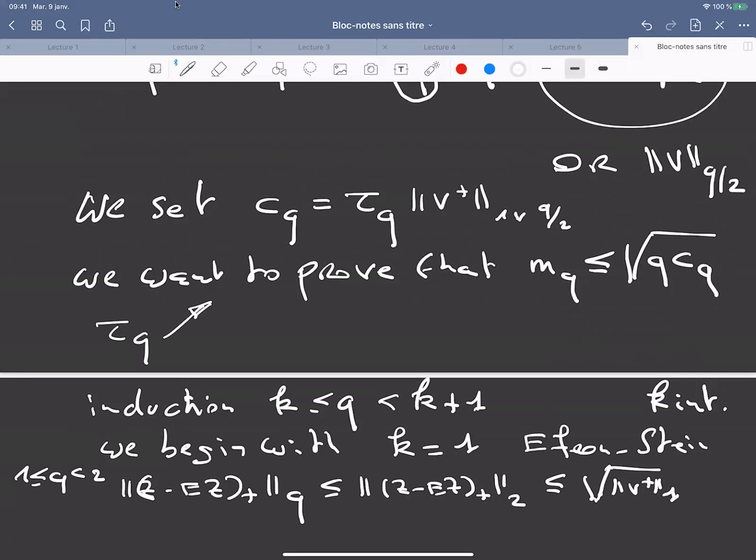And this is precisely the way we start the induction, and this is the reason why here I have put 1 sup Q over 2.